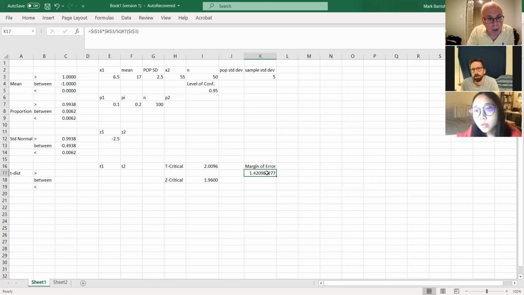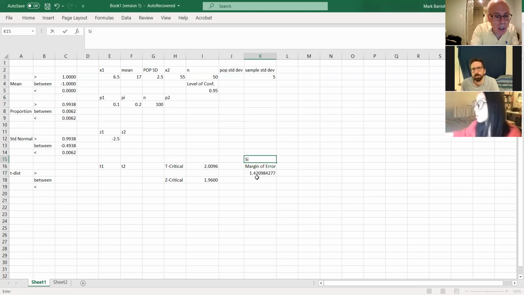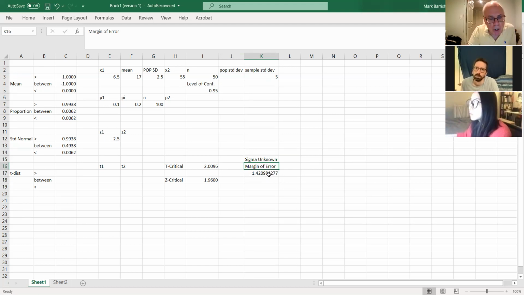So it's our T critical value. Now remember, this is the margin of error for what? Sigma unknown. Sigma unknown margin of error, this is what we use.